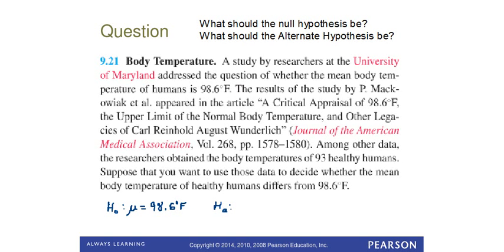Since that isn't the case, we just say whether or not it differs, then our alternate hypothesis should be given as the mean is not equal to 98.6. So these are the two hypotheses we're testing, right? The null hypothesis, the mean body temperature is 98.6, versus the alternate hypothesis that it's not. All right, more to come.